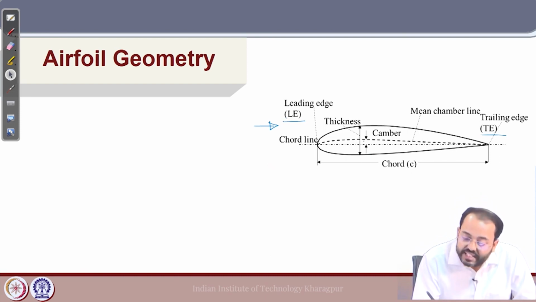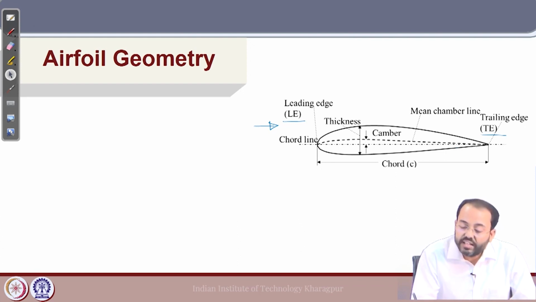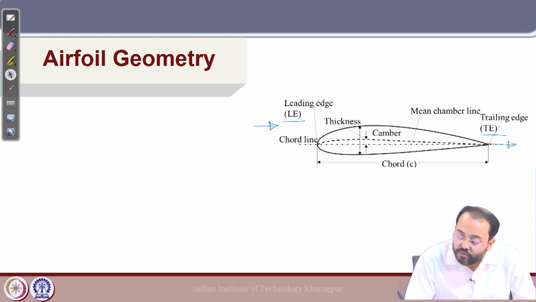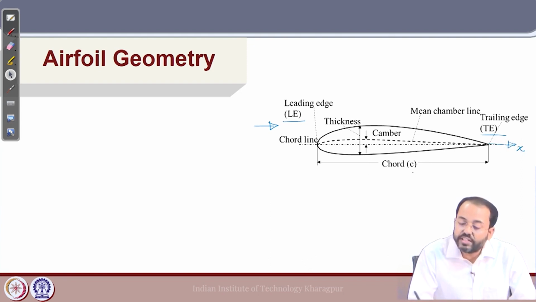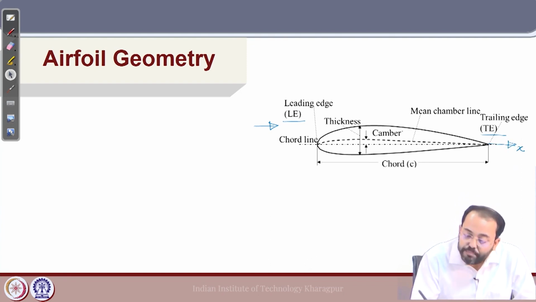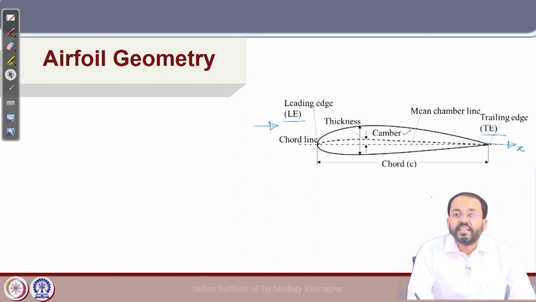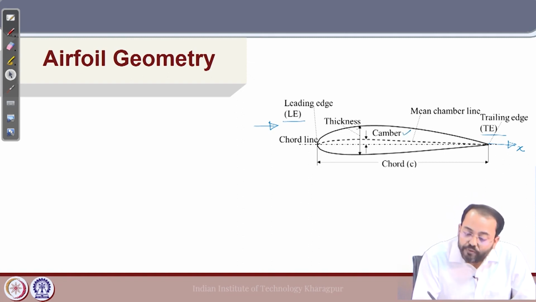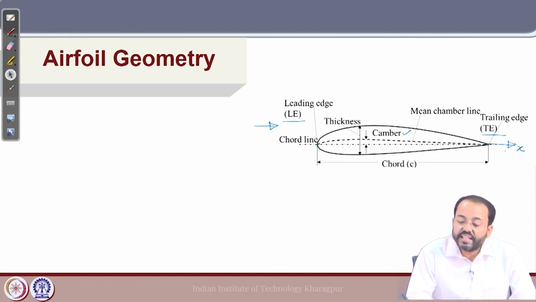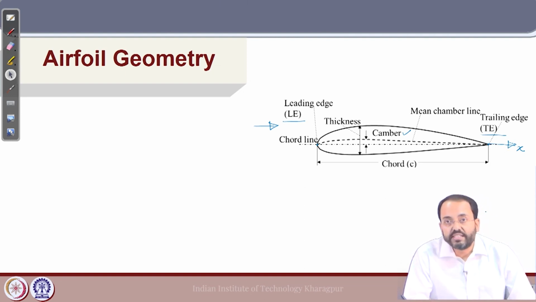That means it has a finite value of camber which changes according to the location along the x axis, if we take the longitudinal direction along the chord as the x axis. The camber varies with the location, and the foil also has a finite thickness. The chord line is the line connecting the leading and the trailing edge of the foil section.